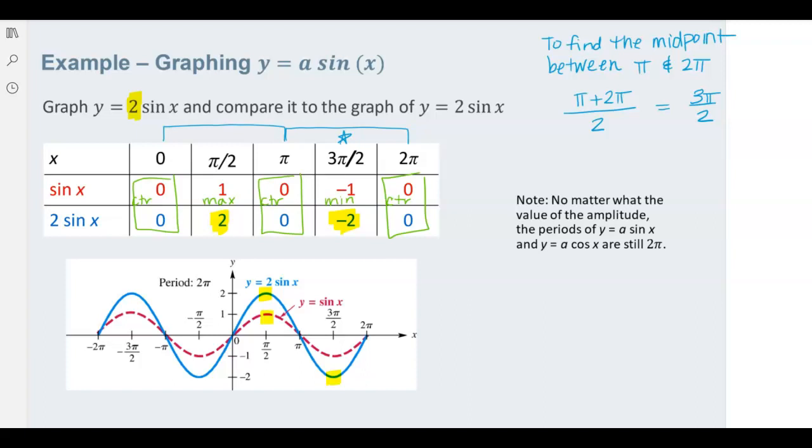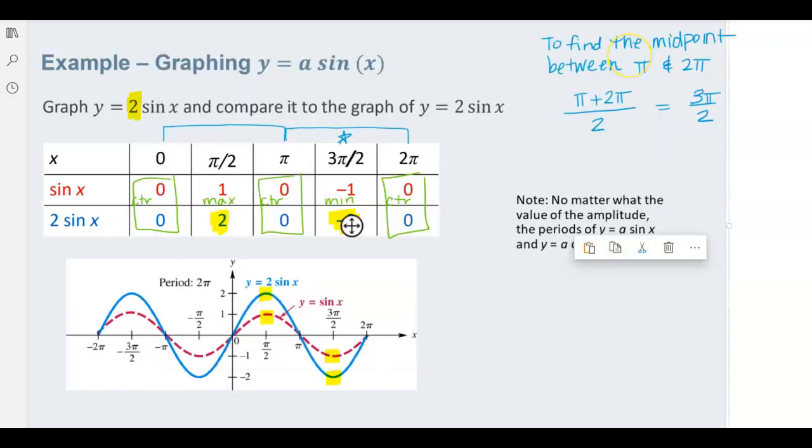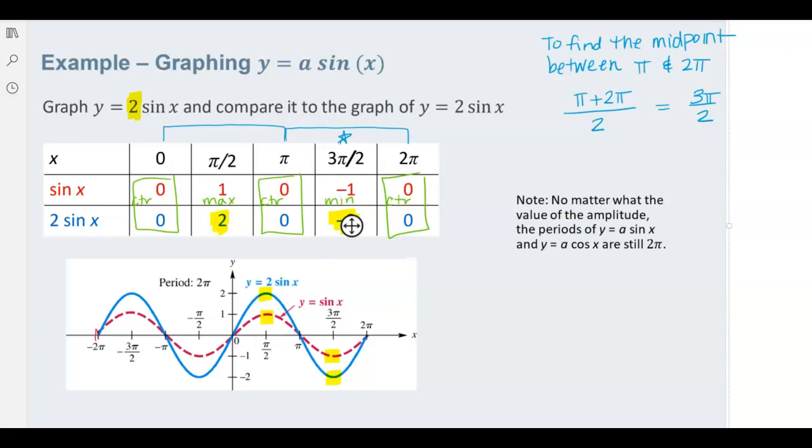Those max and min points got stretched from 1 to 2 and from -1 to -2. All of the center values, which are on the x-axis, are in the same location here for both graphs, right? All of the x-intercepts are in the same location.